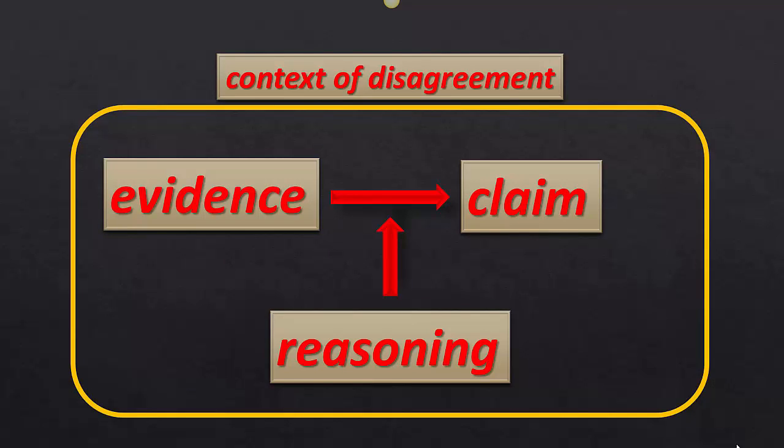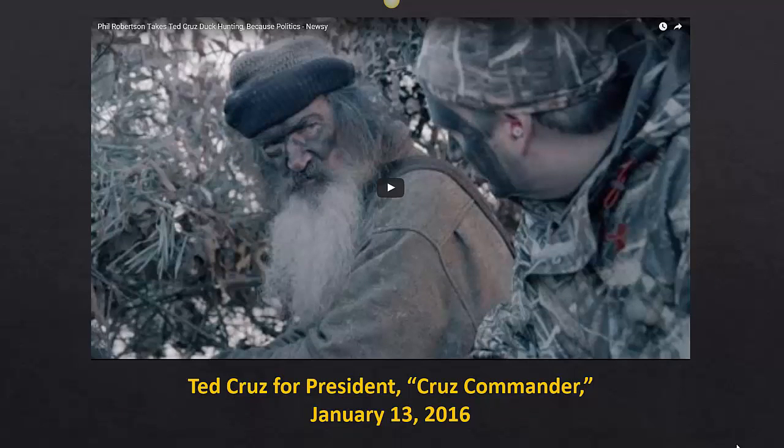Let's see how this operates in a simple sample argument. I'm going to show you an advertisement from the Ted Cruz for President campaign during the Republican presidential primaries in 2016. This is an ad entitled Cruz Commander, and it was posted on YouTube on January 13, 2016. The ad features Duck Dynasty star Phil Robertson. If you're familiar with the character or the show, you might know that Phil Robertson, the patriarch of the Duck Dynasty family, is a larger-than-life character.